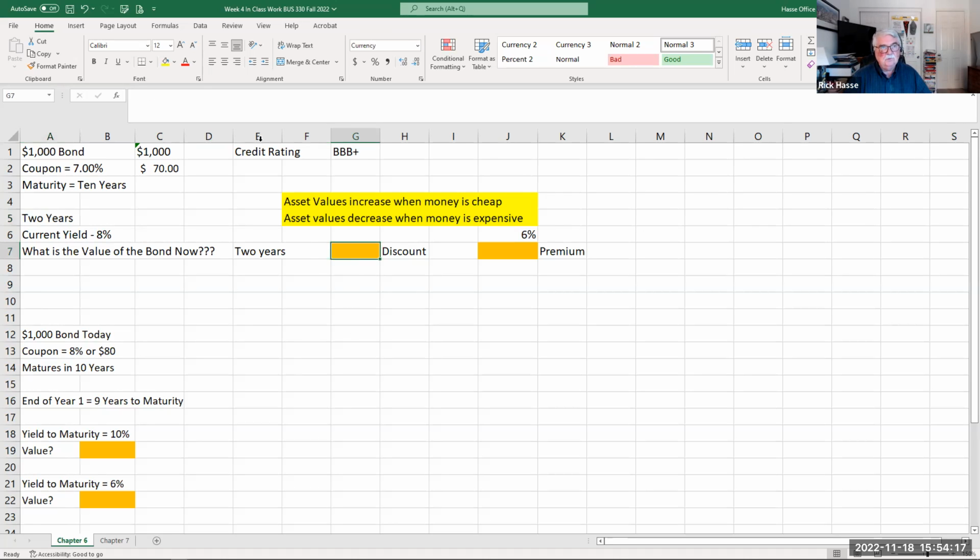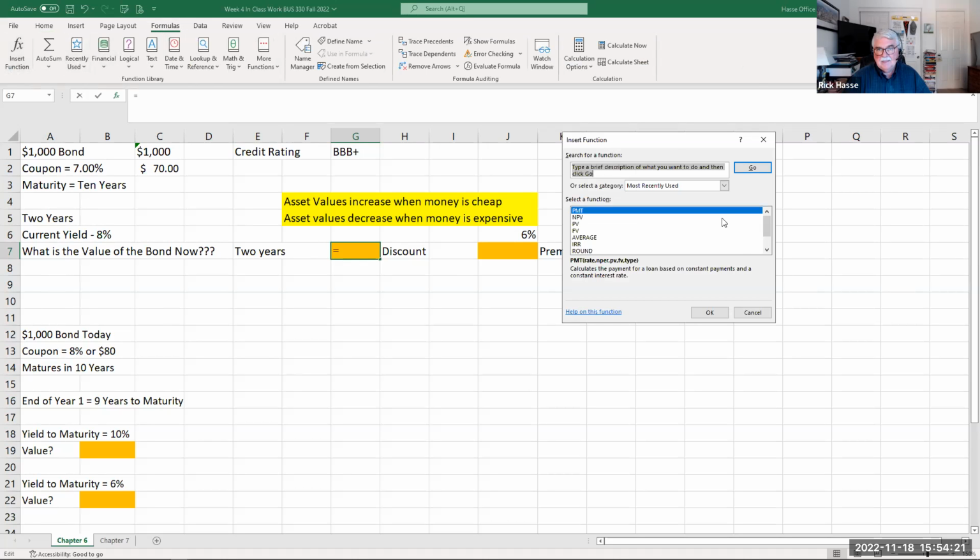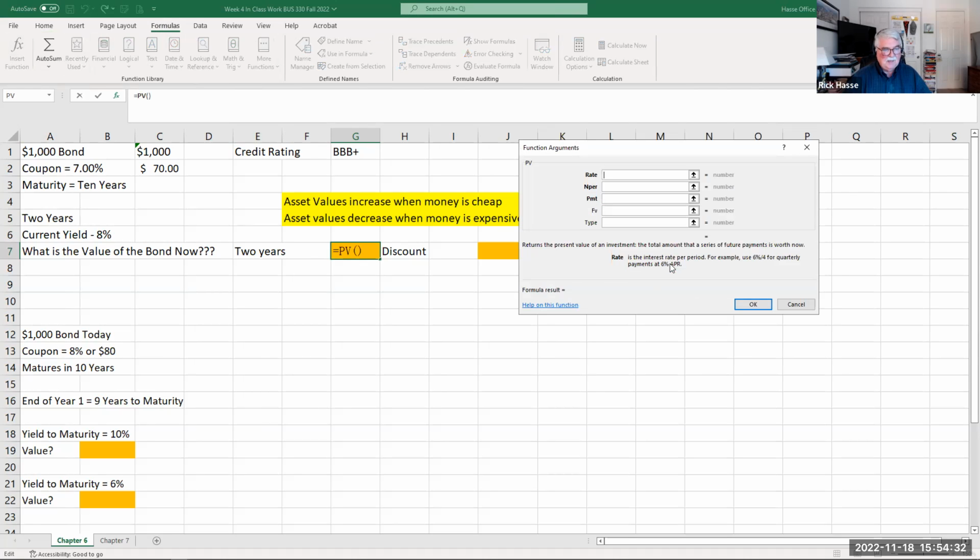If I go to formulas, function, financial, present value, and type in the current yield of this bond, which is now 8%, that's the current market yield, and there are 8 periods remaining. Remember, that's a 10-year bond, 2 years have gone by, so 8 years remaining, with a coupon payment of $70.